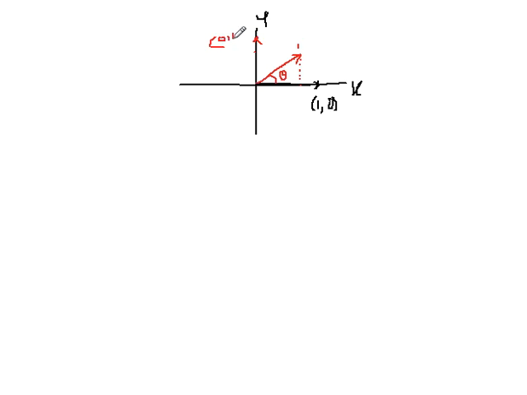But when it makes an angle theta with the x-axis, it can be resolved into two components, and these would be cos theta and sin theta. So we were writing this point as C and S.